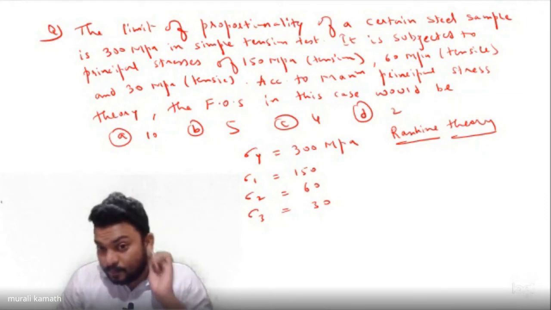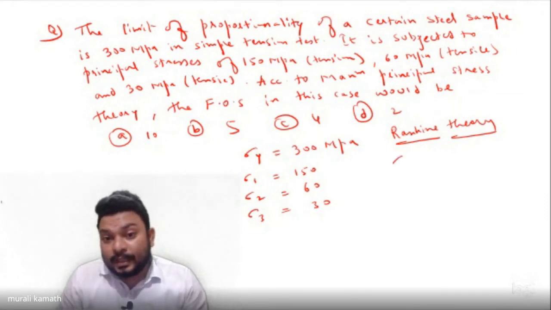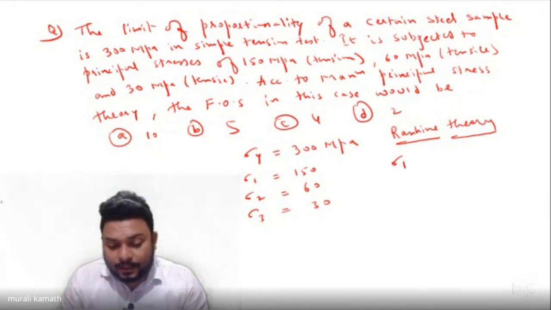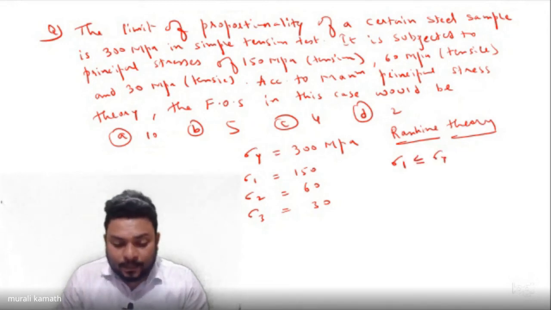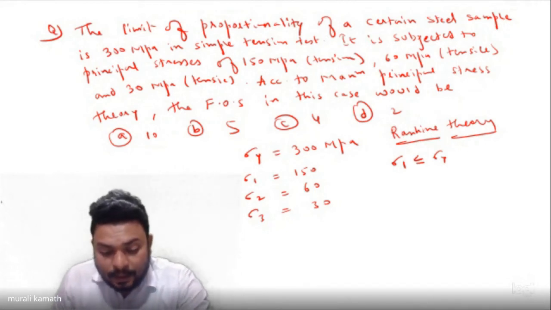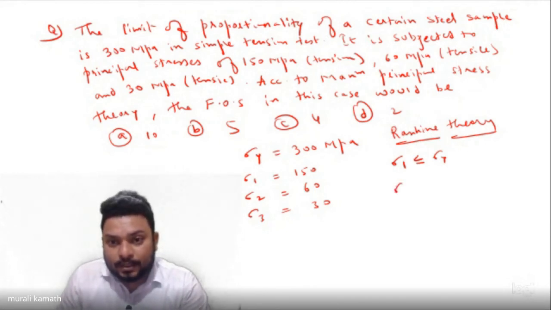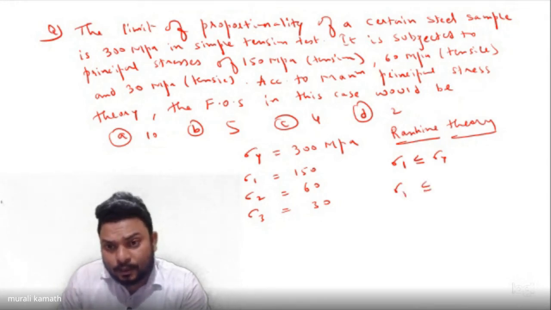What this theory says is sigma 1 is less than or equal to your yield strength, right? Then sigma 1 is less than or equal to your yield strength divided by factor of safety.